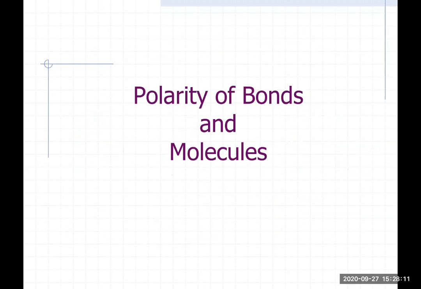Now that brings us to start talking about polarity of bonds and molecules, and we talked a tiny bit about polarity and dipoles and how we use the delta symbols to label the most electronegative and the least electronegative with a delta minus and a delta plus respectively, or we can use the arrow to show the dipole.